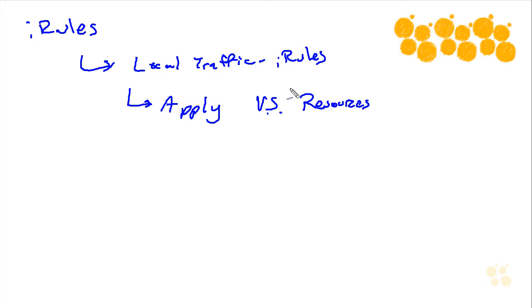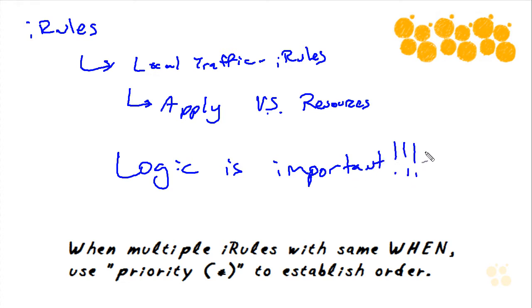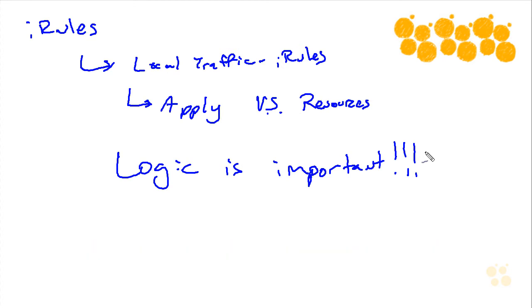We did talk about having multiple ones on there, even despite the fact that the silly system chose to prove me wrong about the ordering, but I would still advise, be careful on the order. If nothing else, logic is important. I can't stress that one enough. But again, iRules give us lots of control over the entire data flow. This is a data plane operation that we're doing here, but all sorts of control over the things that we can do. I hope this has been informative for you, and I'd like to thank you for viewing.